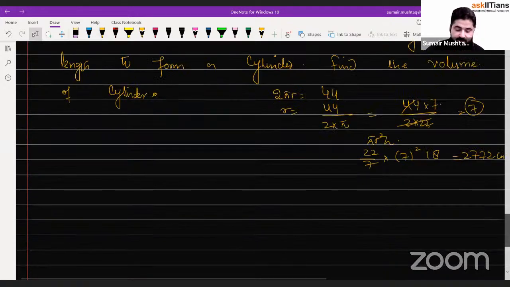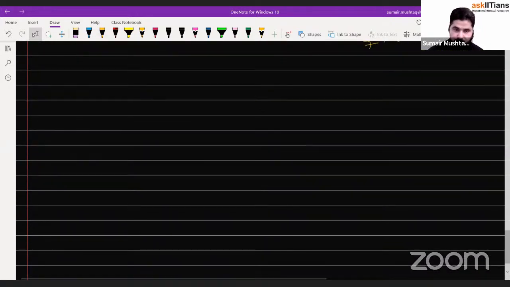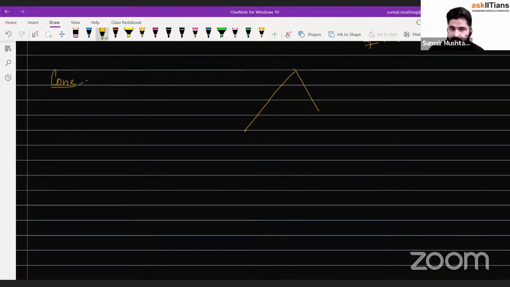Okay, let's move to the cone. Let's see what are the things that we need to know about the cone. Let us suppose this is your cone. I have told you how this cone is formed. Does anyone remember?